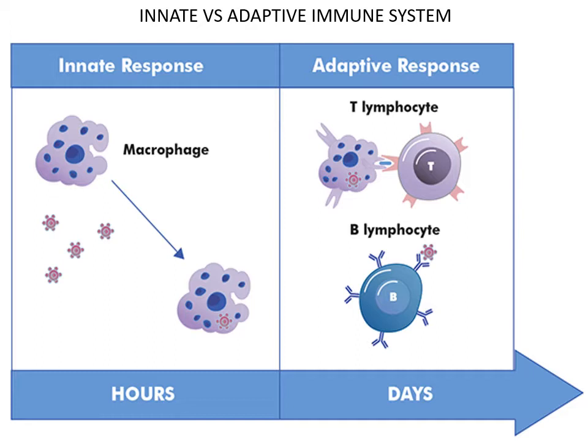So they take days to really form a powerful immune response to a particular infection, but they have a fantastic memory of that particular infection so that they can respond next time it appears. Okay, and we'll talk about the adaptive immune system as well.